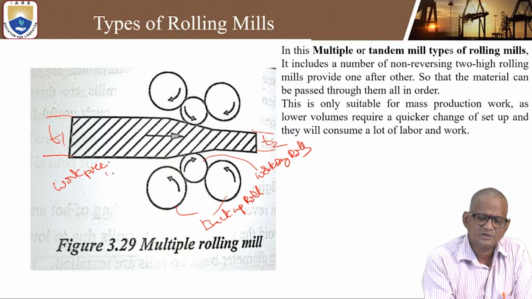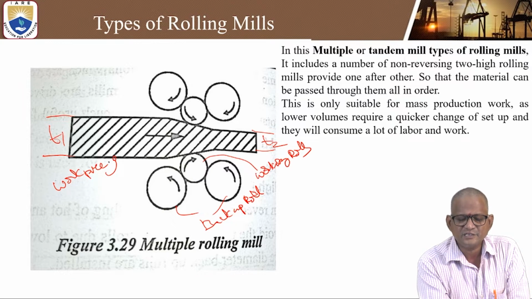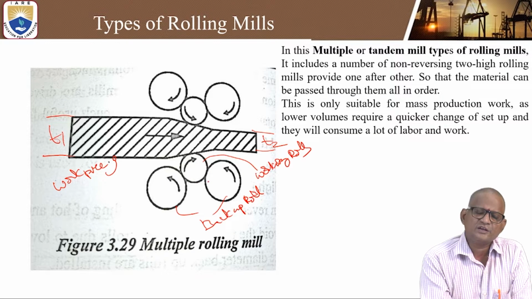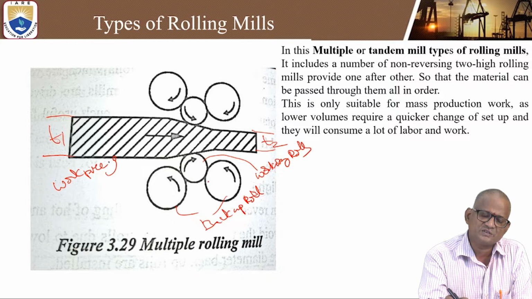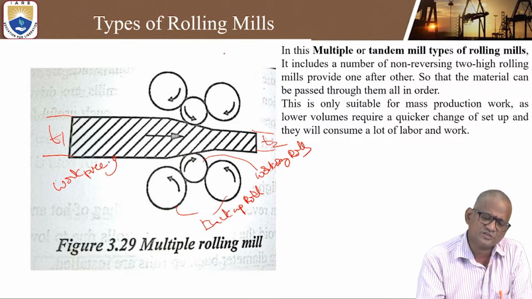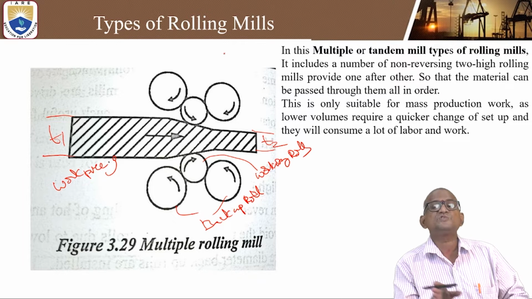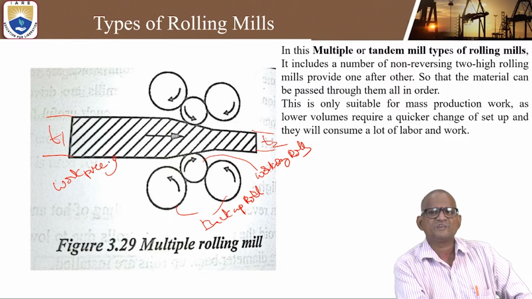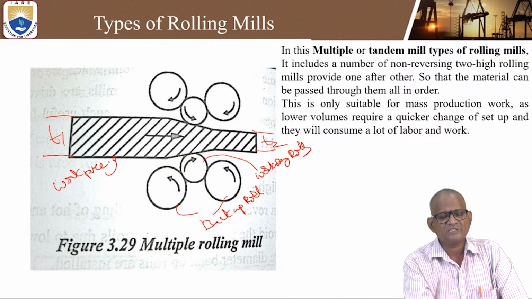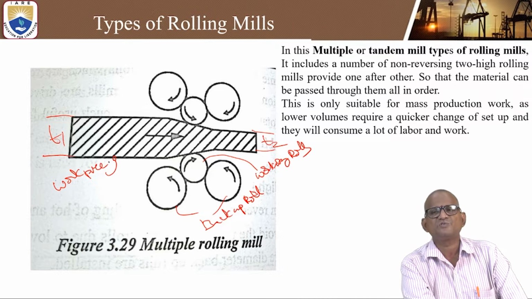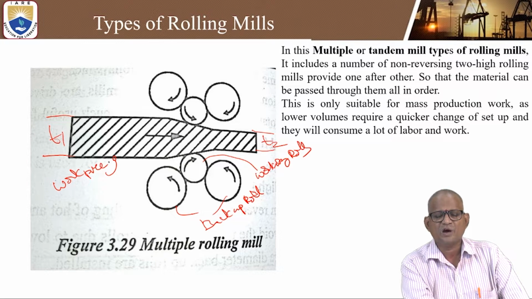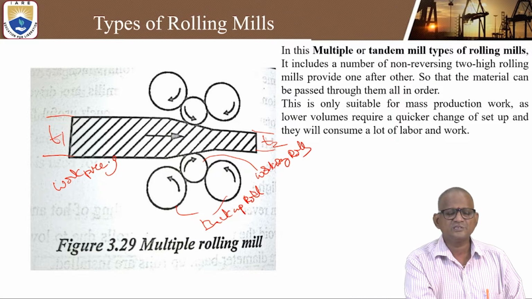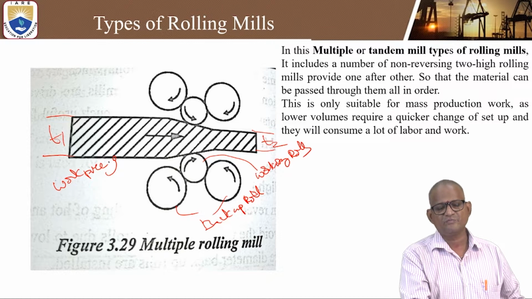The workpiece will enter into the small working rolls, and to apply more pressure by compressive force, you can add some more rollers in order to maintain smooth finishing and smooth reduction. The production rate will be very, very high, because this method is most widely suitable for mass production. So this is what we have about rolling mills.